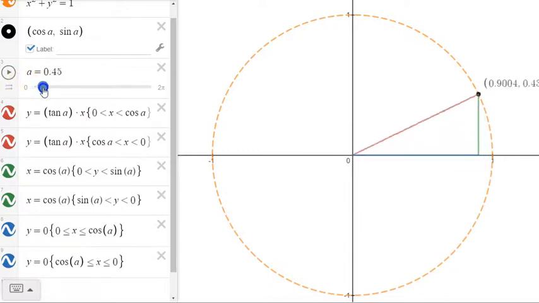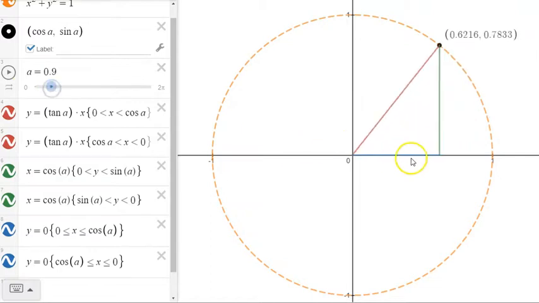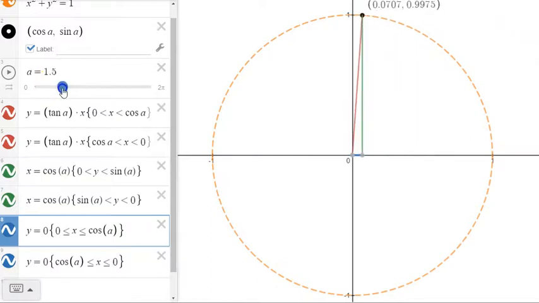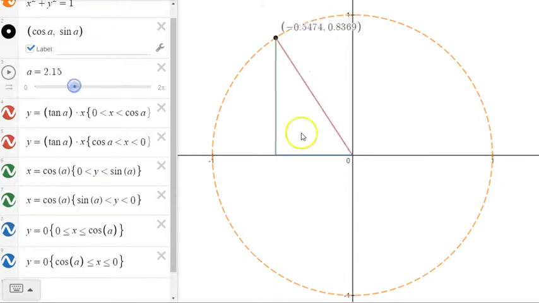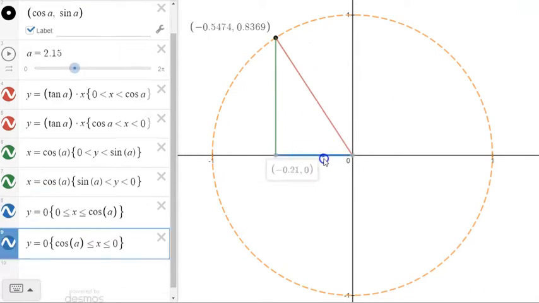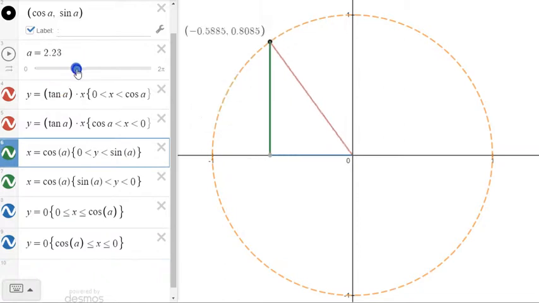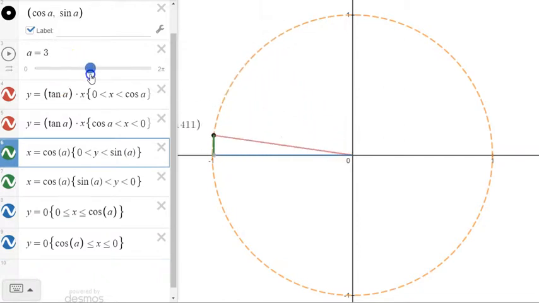As the opposite increases, the adjacent side, so this cosine here, decreases. And when sine is equal to 1, the adjacent is equal to 0. It's almost like a reciprocal relationship, but not quite. It's more like an opposite relationship. When one's big, the other's small.